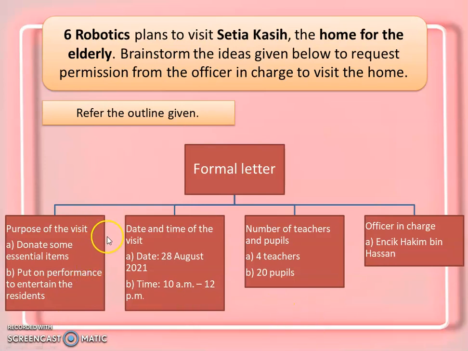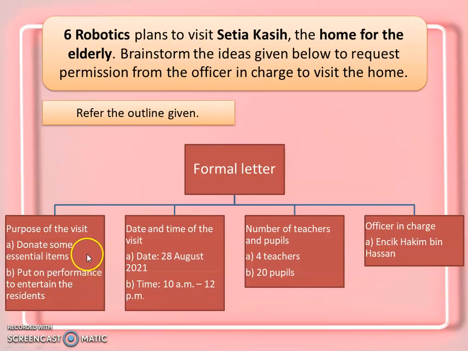Okay, let's look one by one. Purpose of the visit. You have to state the purpose of your visit to Setia Kasih. Okay, for example, I give you here, donate some essential items and put on performance to entertain the residents.